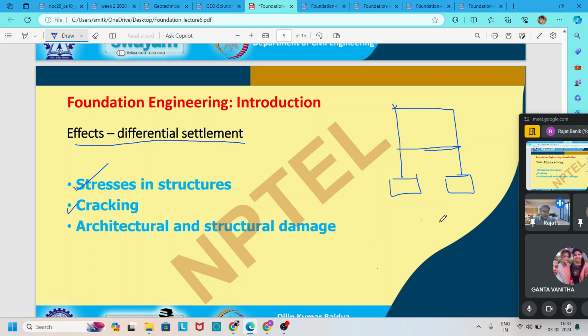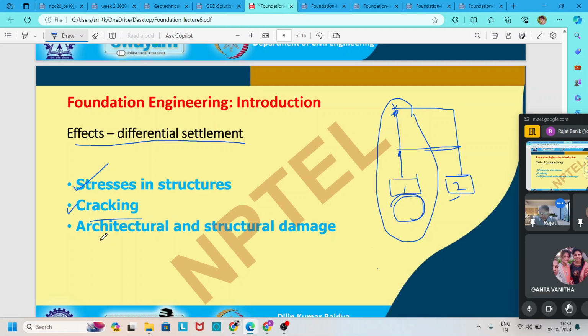So if there is differential settlement, the settlement occurs only below foundation one or two, I can say. Below foundation one, there may be a possibility of this column going down into the ground and developing some cracks at the joints. So cracking may happen.